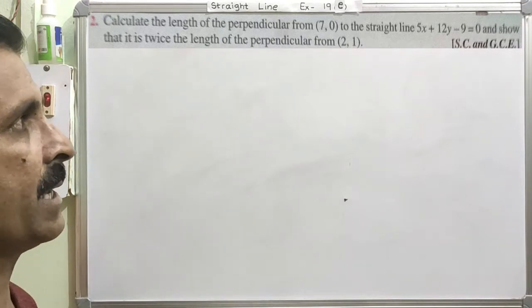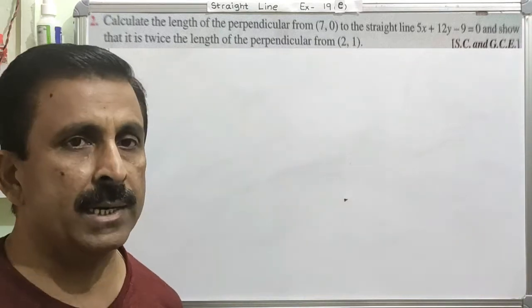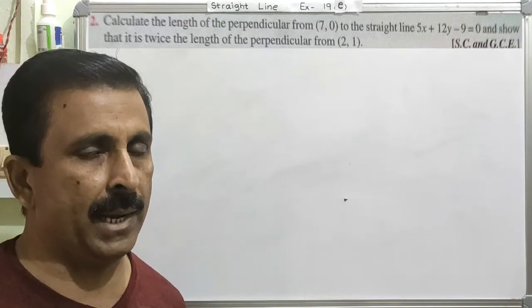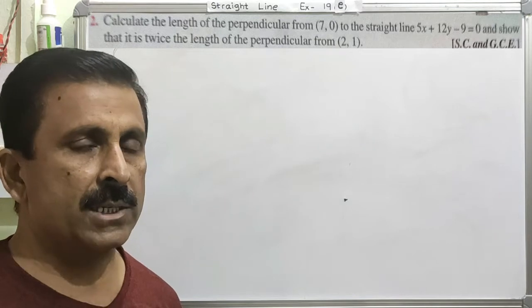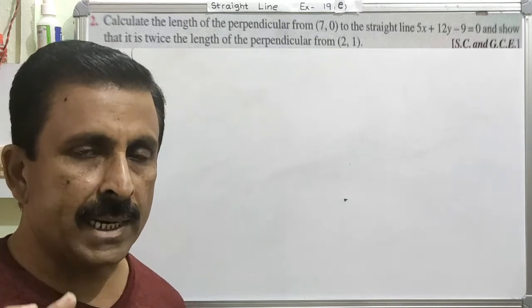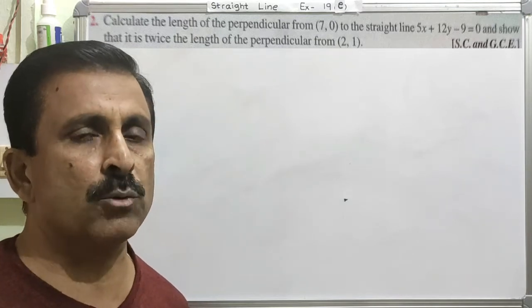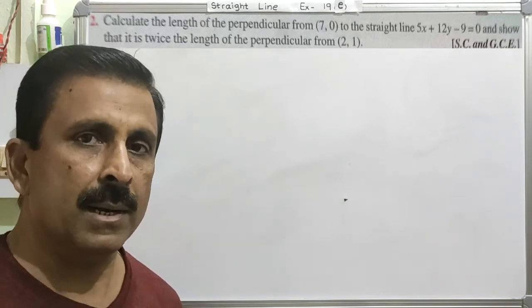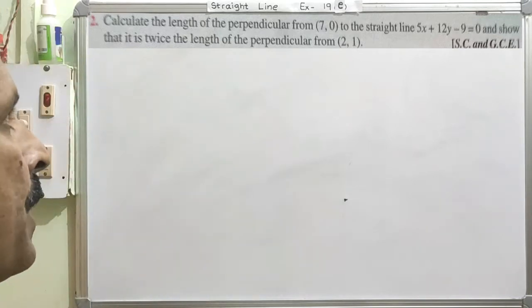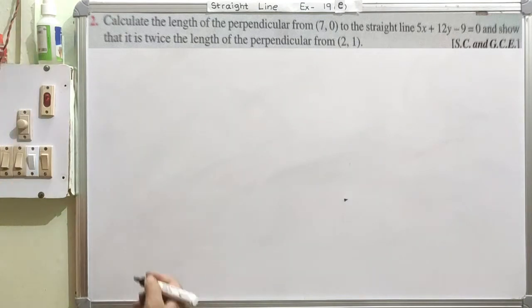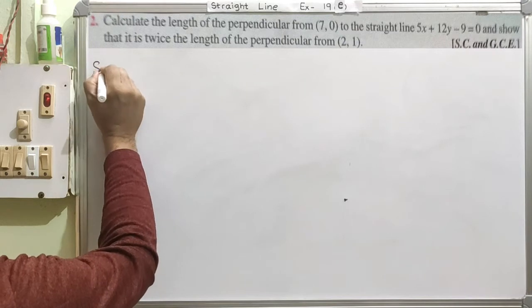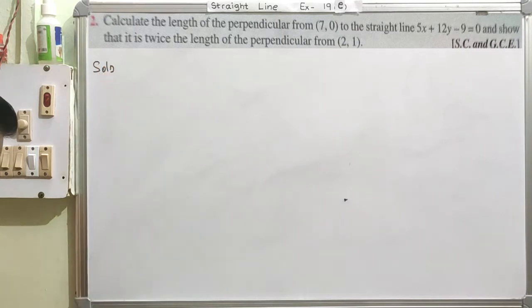In this question we are asked to calculate the distance of two different points from a given line, and then prove that the distance of the first point from the line is 2 times the distance of the second point. So let us see how we can calculate this. This is question number 2 solution.